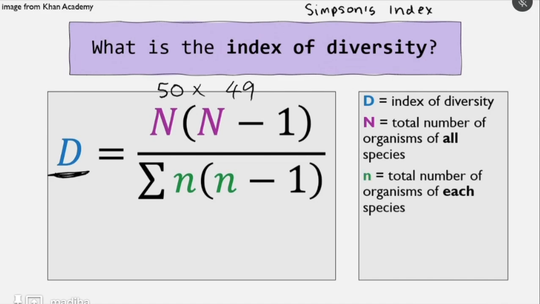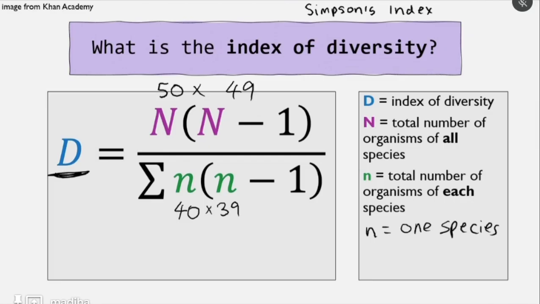The small n, the green one, is the total number of organisms of each species. So if we go back to the example of cows in the field, let's say there are 40 cows in the field. And so we do 40 times 39. That's just one species. So n is just going to be one species. And we just do it for all of the species.